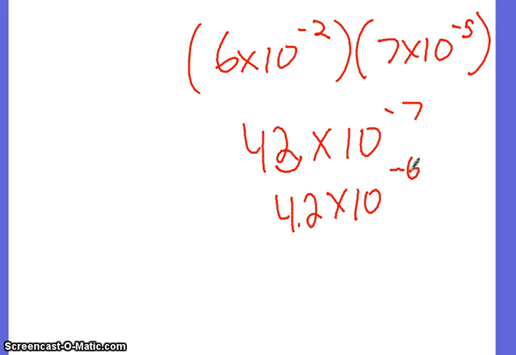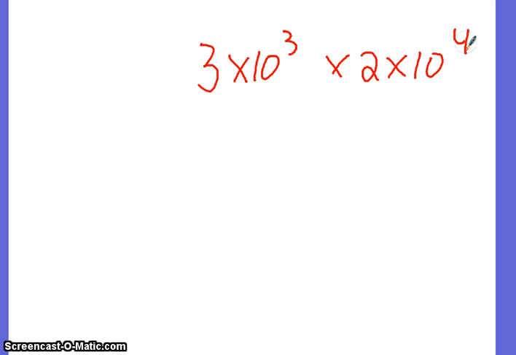All right, so if you were told to justify or explain how you would do this, that's the problem that you've been given without parentheses. What would be your first step? 3 times 2.